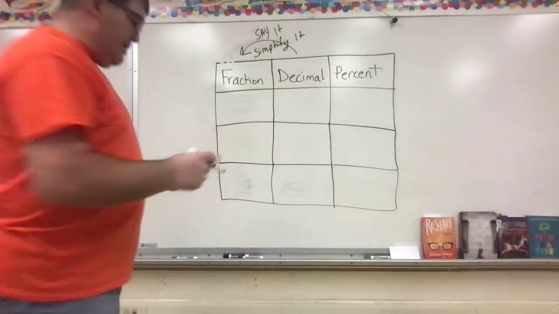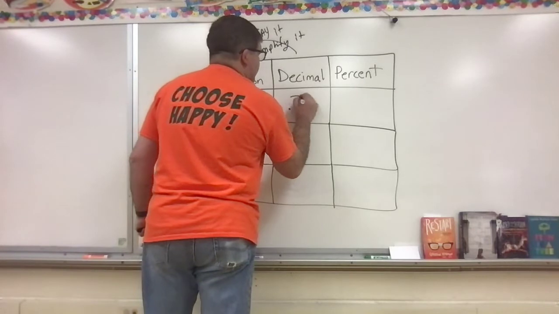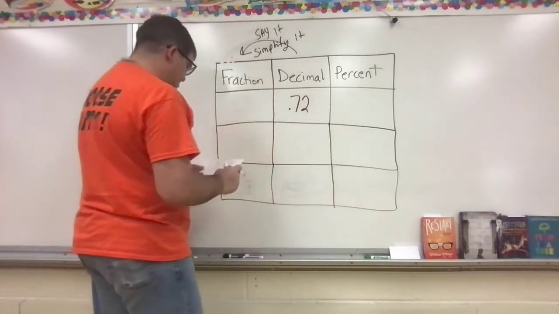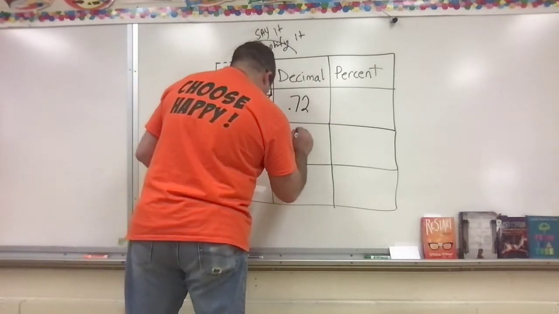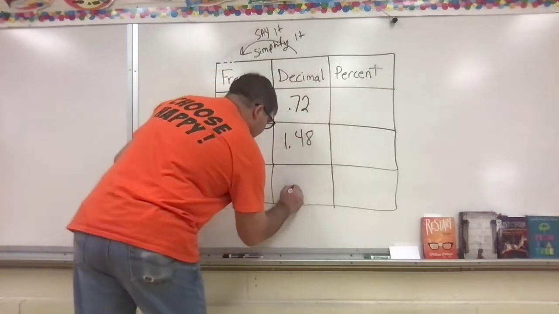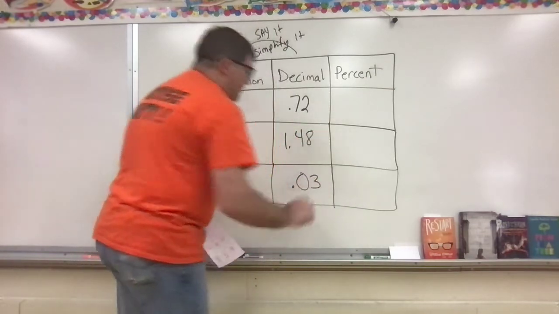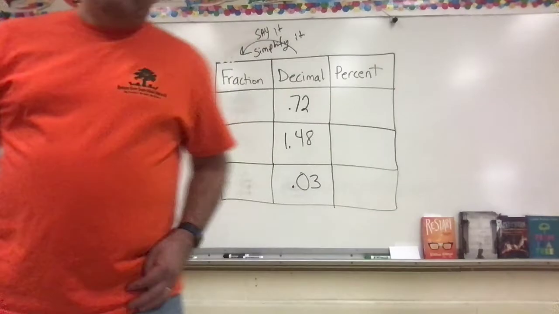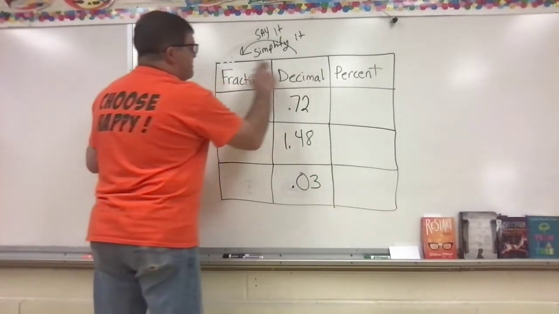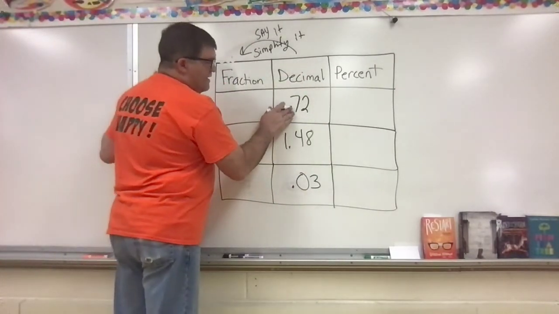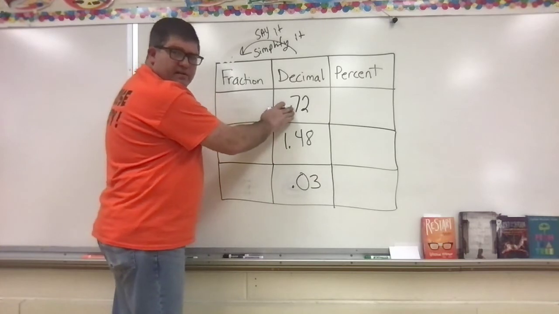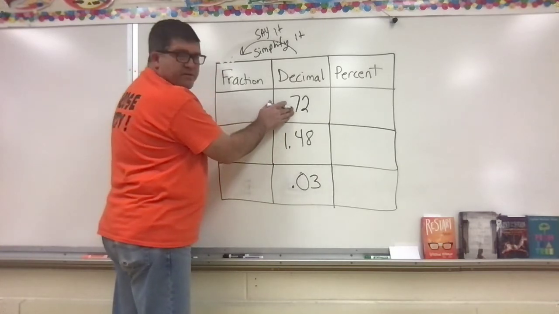So let's say I have 0.72, that's a decimal, 1.48, and 0.03. So I want to go from decimal to fraction. I kind of cover up the decimal point, and I see I have a 72.